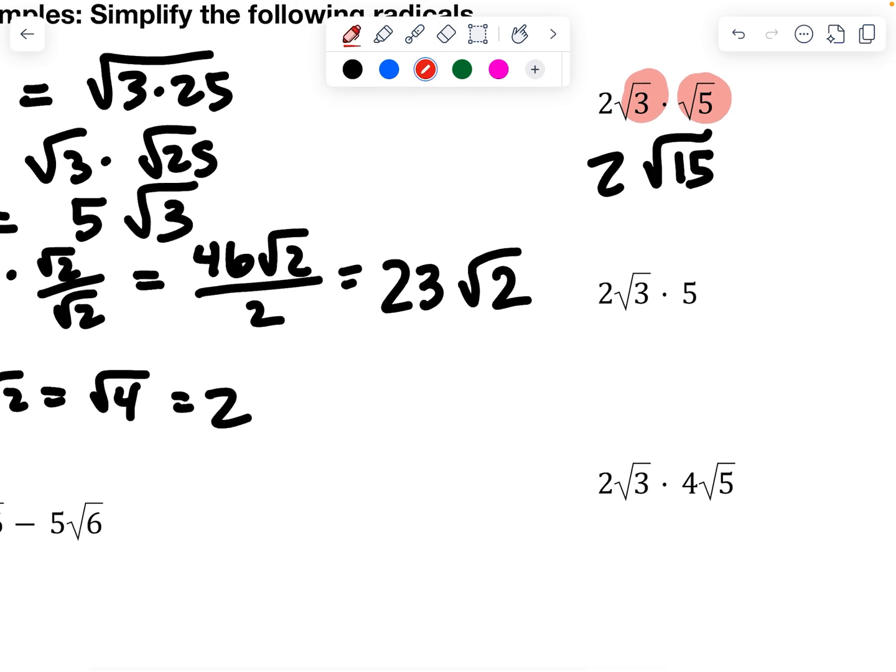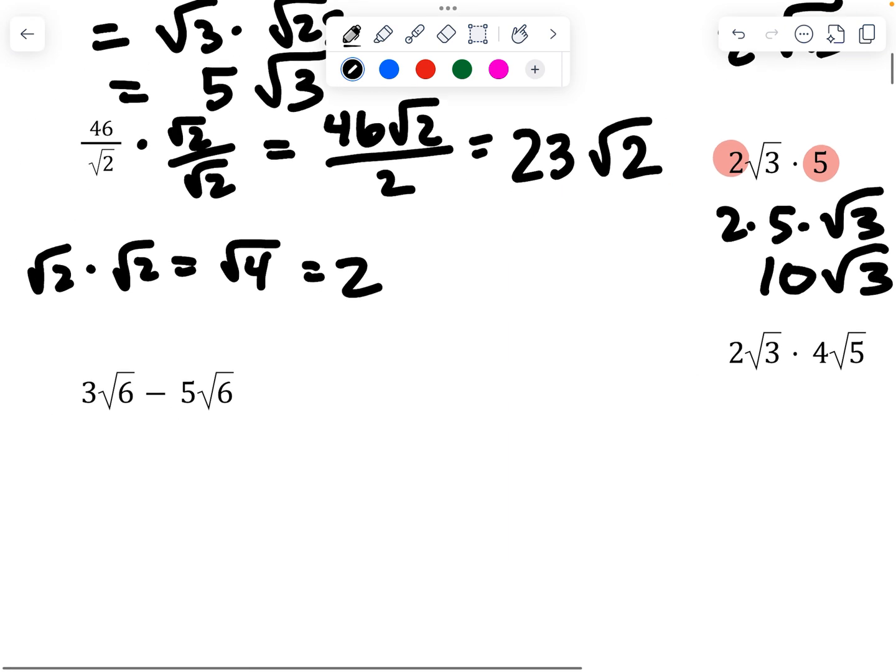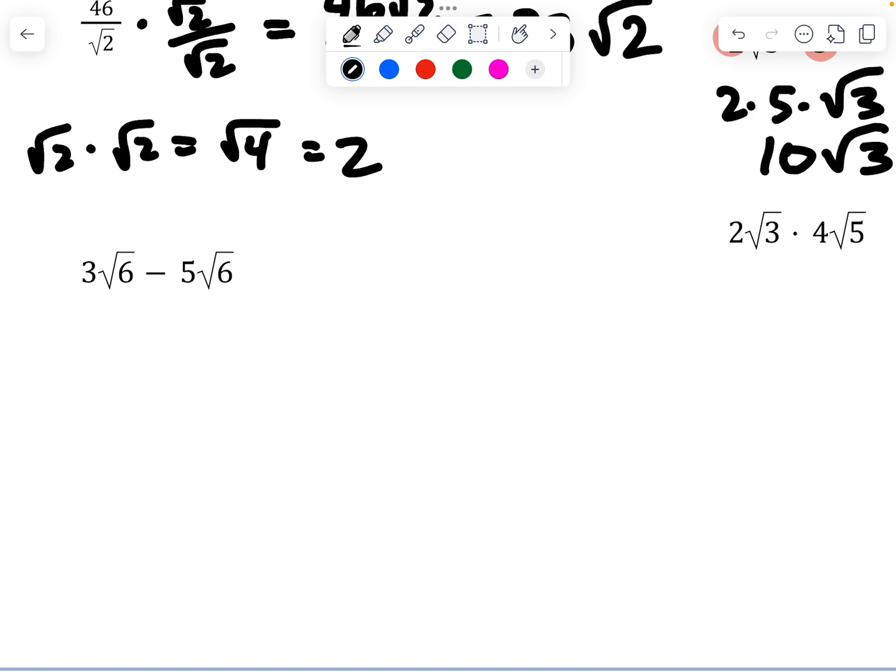Okay, here, if we look at our like terms, our like terms are the 2 and the 5. Really what we have is 2 times 5 times radical 3, or 10 radical 3. Okay? Here, with subtraction, it's almost like combining like terms. So if we have 3 radical 6s and we take away 5 radical 6s, we have negative 2 radical 6.